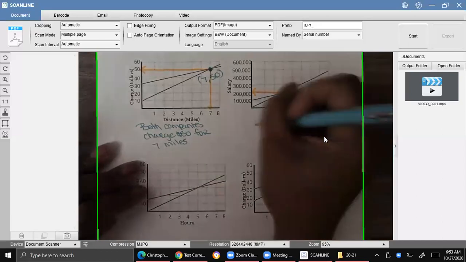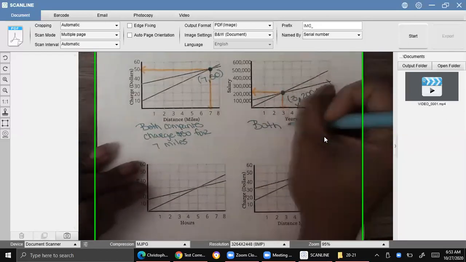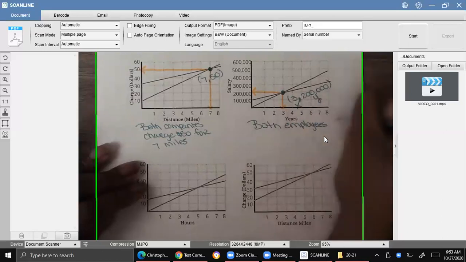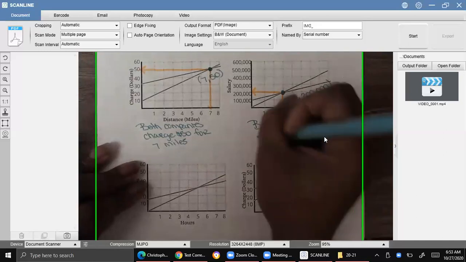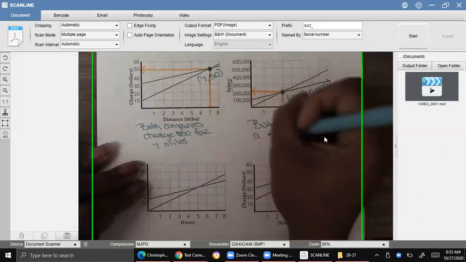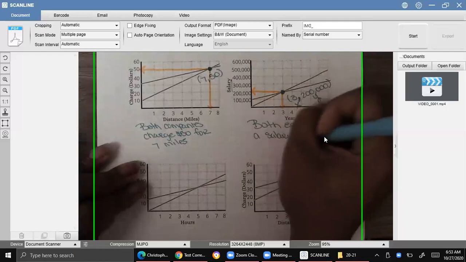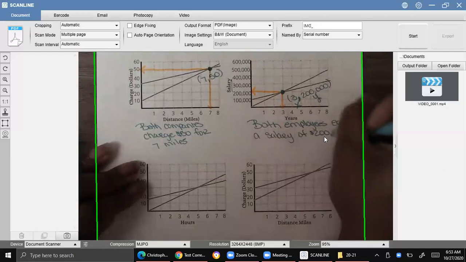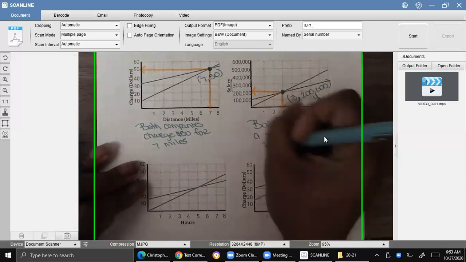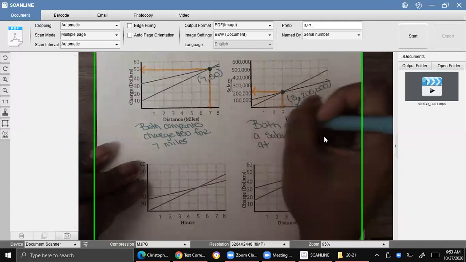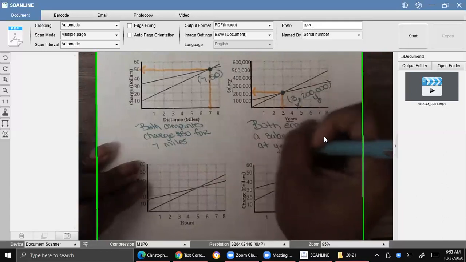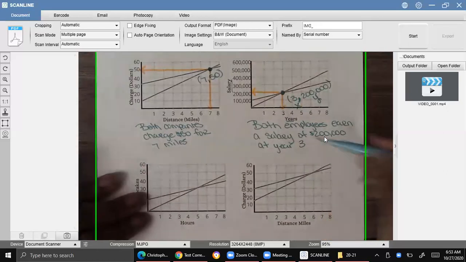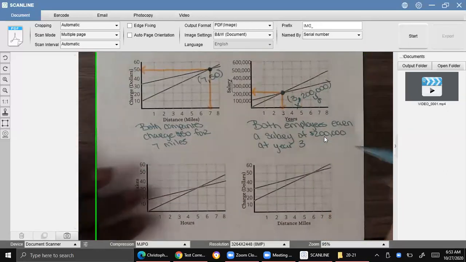So what we know is both employees earn a salary of $200,000 at year 3. Okay, both employees earn a salary of $200,000 at year 3.